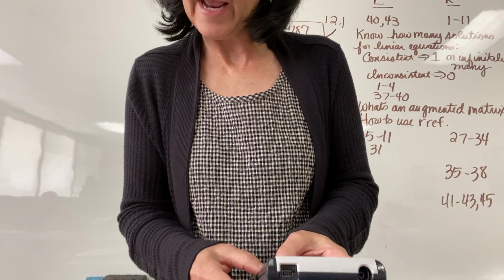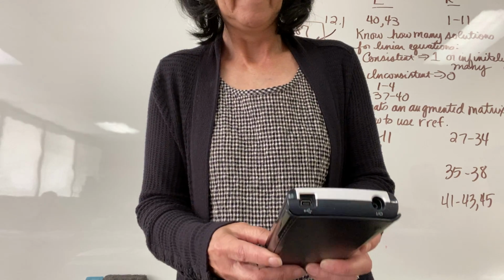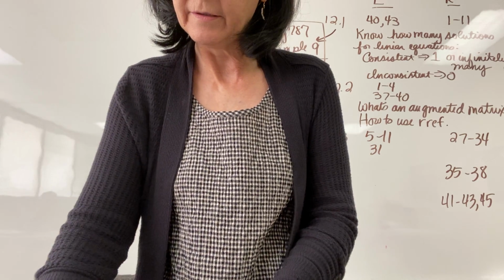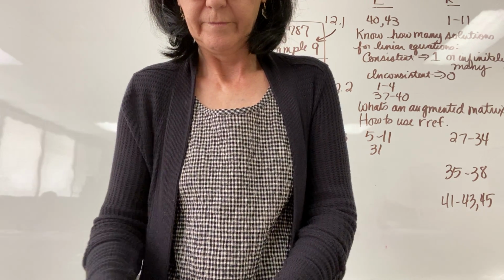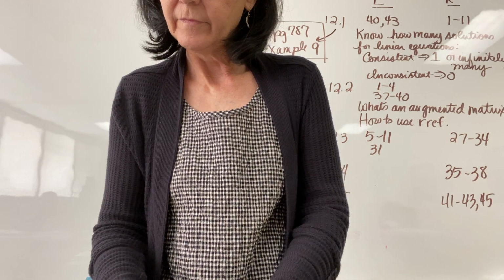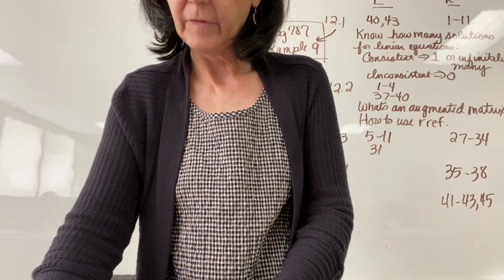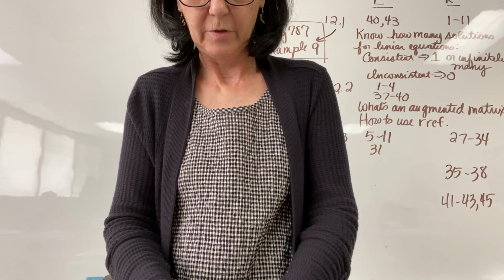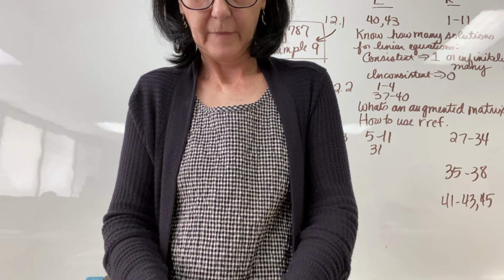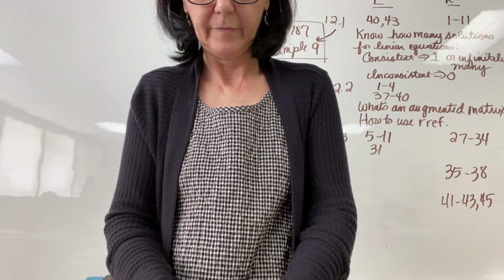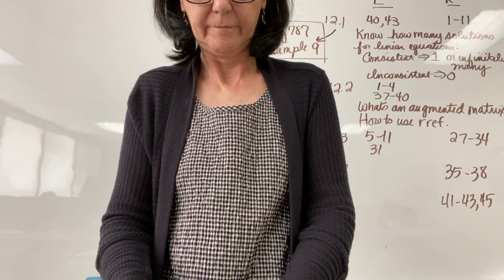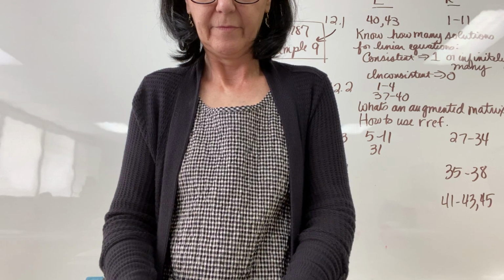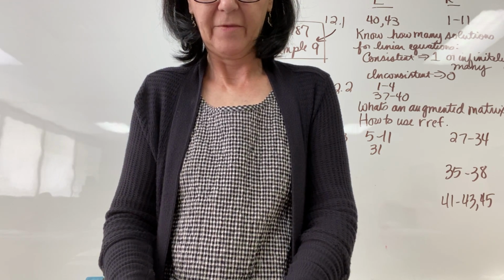Yes, put in 0 for X. Make sure I put this in right. 0, 8, 1, 2, 3, 0, 5, 10, 8, 6, 4. And then go do reduced row echelon, RF. That's under math.